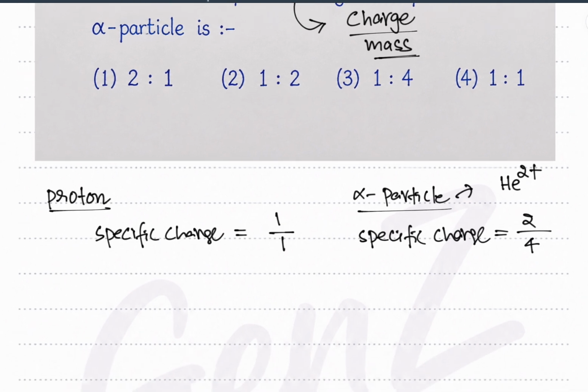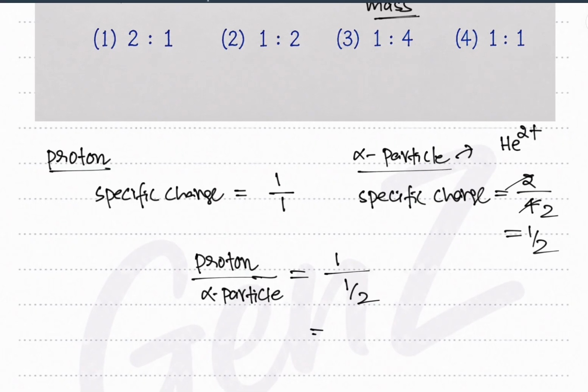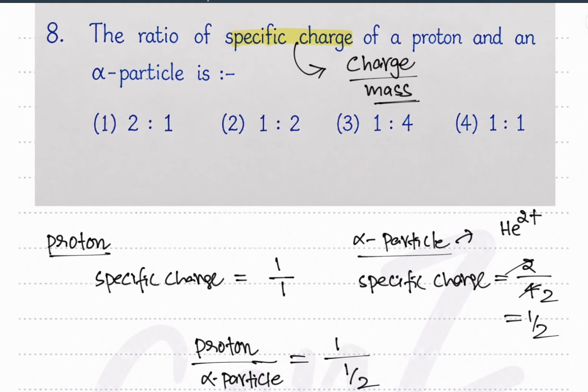If you take the ratio of proton and alpha particle specific charge, it is 1 divided by 1 by 2, which is 2 is to 1. Option number 1 is the correct option for this question.